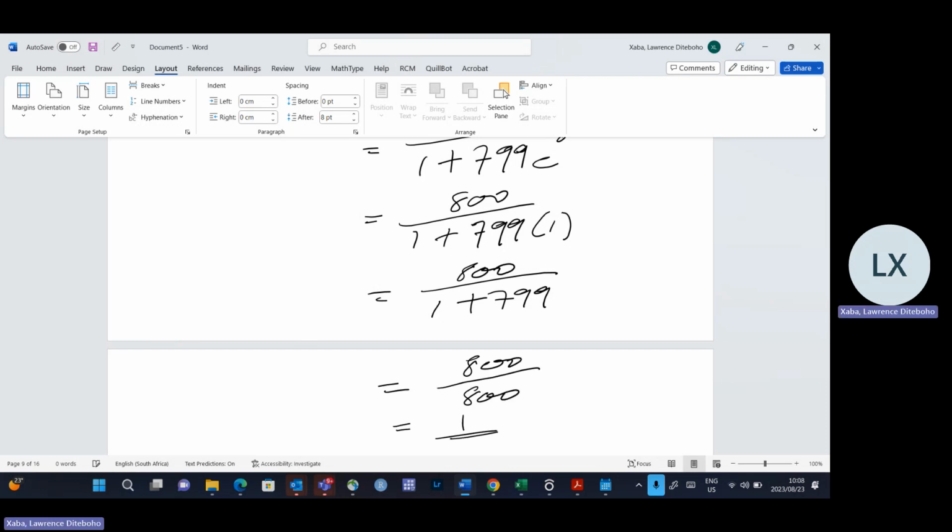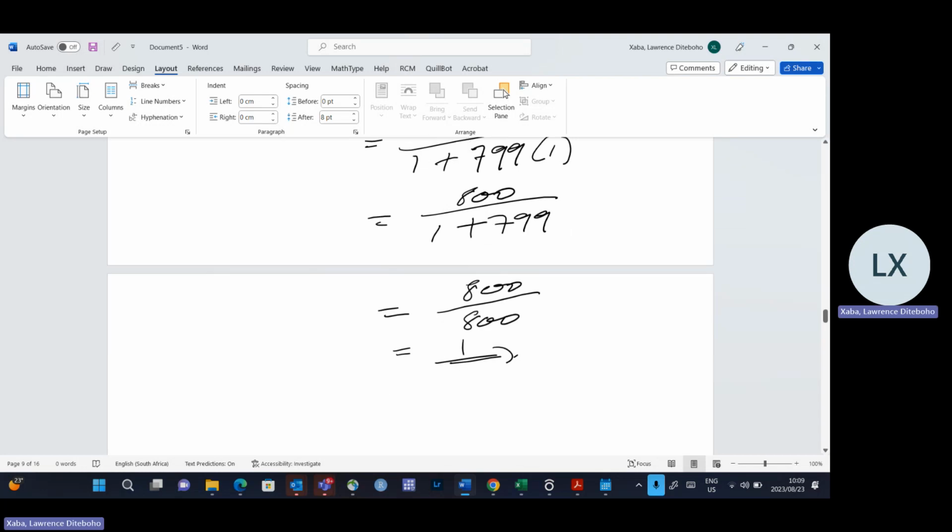And then we have 1. So this is simply saying at time 0, we'll be having 1 chicken which is infected by the virus. That's what we discovered, that we only have 1 chicken at time 0 that was infected by the virus.